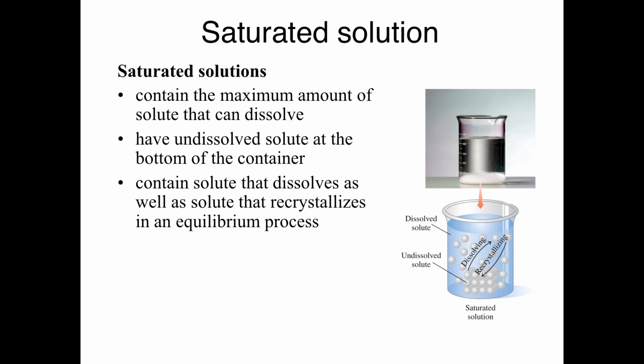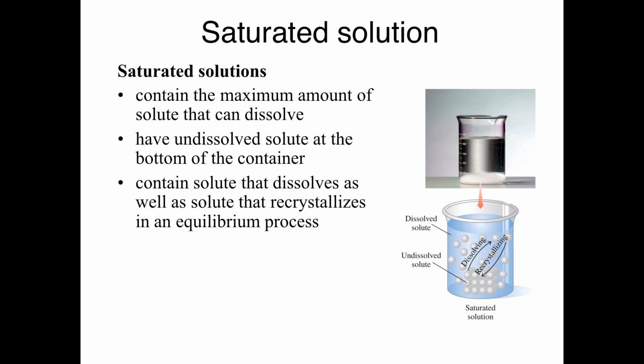Now, you may get something called a supersaturated solution. What that means is that if you heat up your sample really hot, more solute can dissolve, right? The solubility increases. For NaCl, 36 grams was its limit, but if you heat it up, you can add maybe 40 to 50 grams to that 100 grams of water. Then you let it cool down.